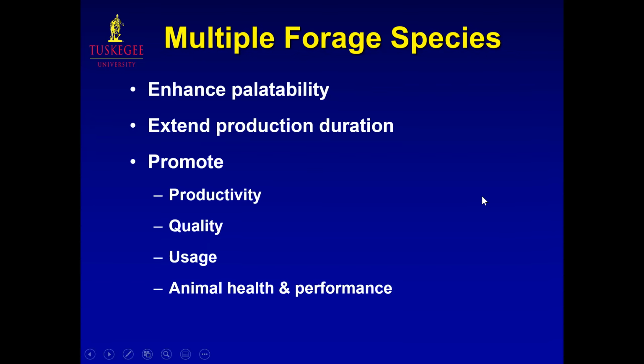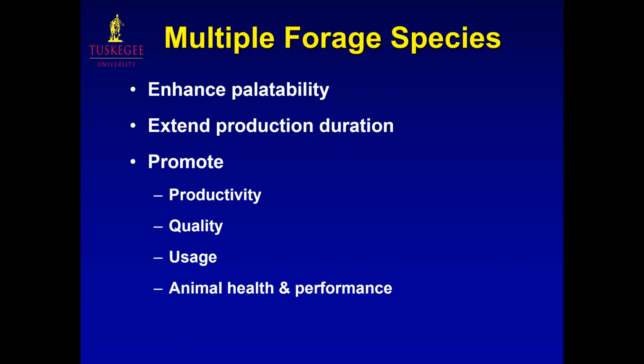And for quality, if you combine annual and perennial forages, or grass forages and leguminous forages, that will increase the quality, because legumes have more crude protein and grass has more fiber or more energy. So when we combine those two, the quality will increase. The use by the animal will also increase because of the higher palatability.